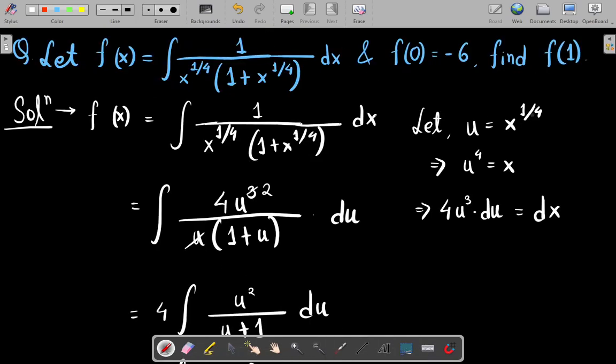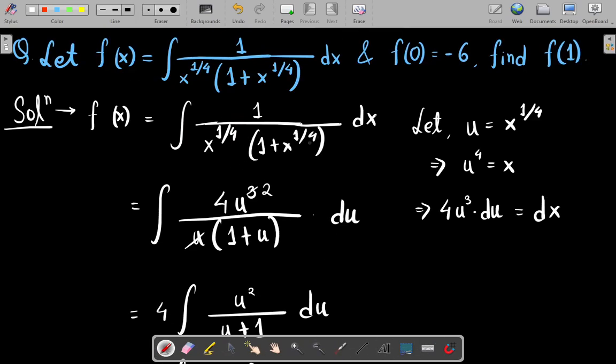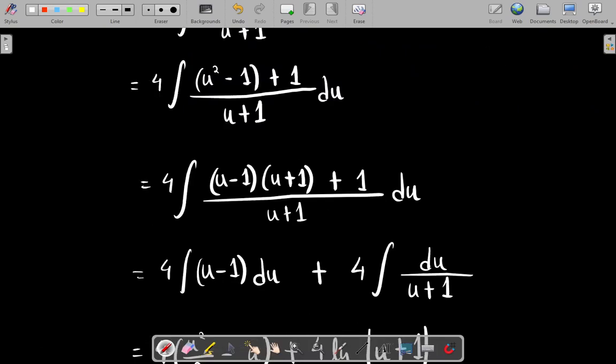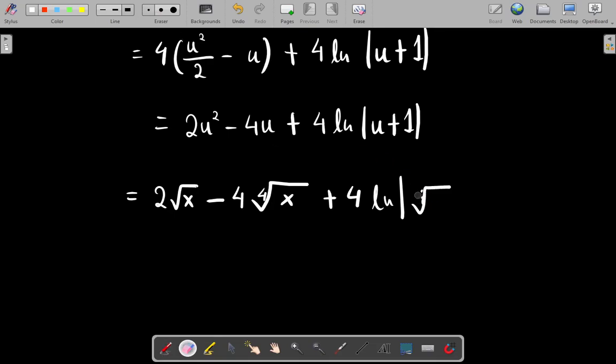Okay, so now if we do the back substitution, our u was x raised to the power 1/4, the fourth root of x. Since u is x raised to the power 1/4, u square will be x raised to the power 1/2. So this will become 2 square root x minus 4 times the fourth root of x, plus 4 ln|fourth root of x plus 1|, plus the constant of integration.